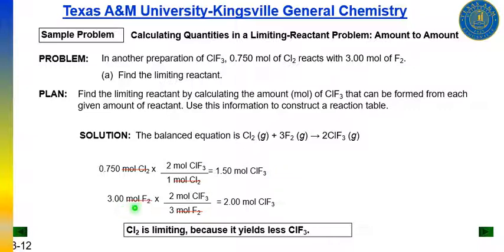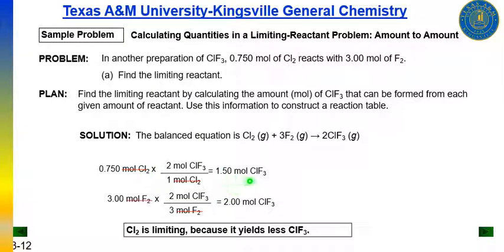Similarly, let's use moles of fluorine. 3 moles of fluorine. Based on your balanced chemical reaction, 3 moles of fluorine will produce 2 moles of chlorine trifluoride. So the product yield for chlorine trifluoride will be 2.0 moles, which means your chlorine will be consumed first.